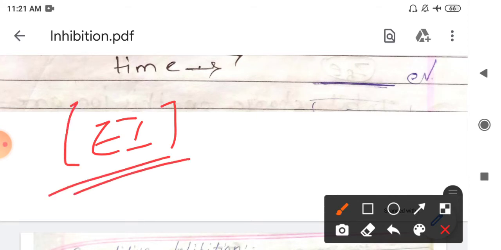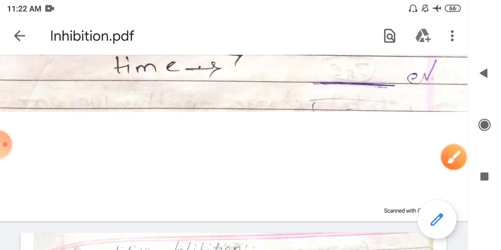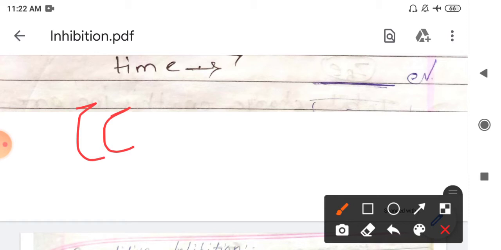First of all, we have to calculate the concentration of this enzyme inhibitor complex, because this is the complex which affects the overall rate of reaction.